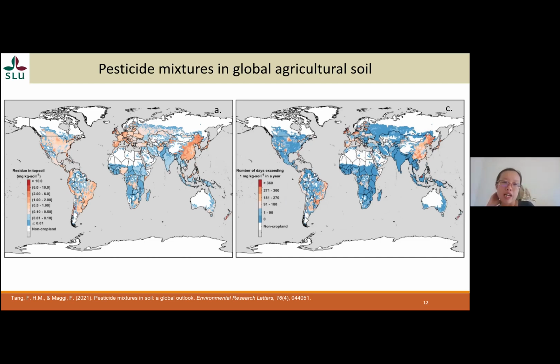In addition to the things that I presented so far, this type of dynamic model can be a useful tool when we want to do some timescale analysis, for example, looking at the exposure frequency of pesticides to some non-target organisms. So there could be a lot of potential in using models for risk assessment.